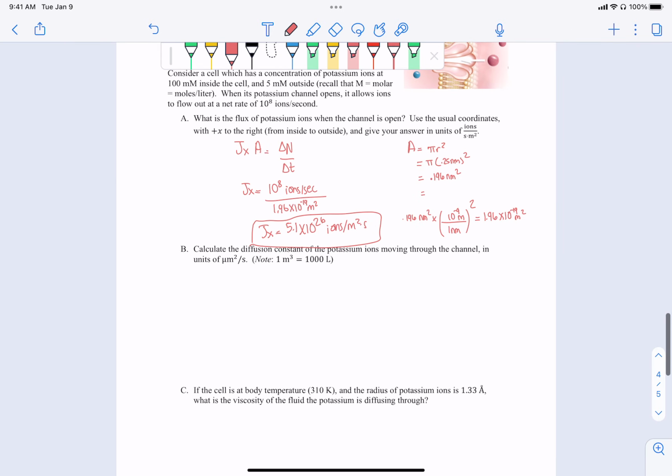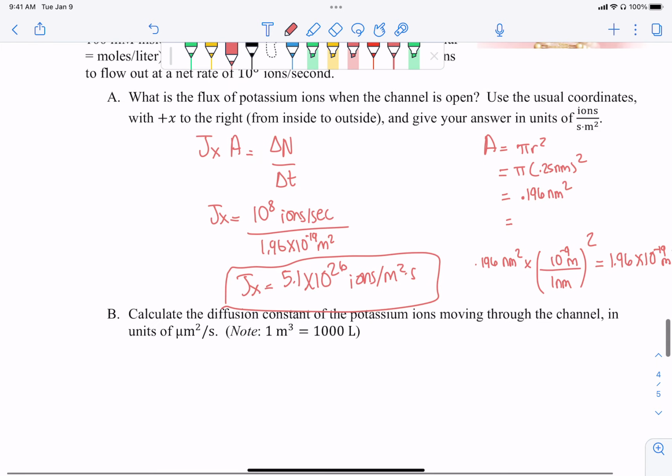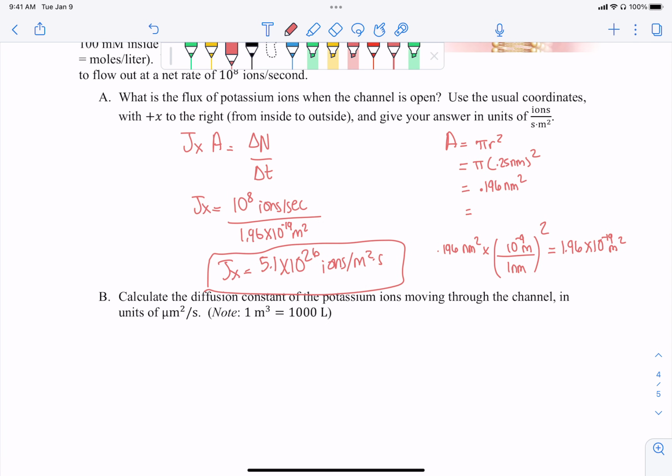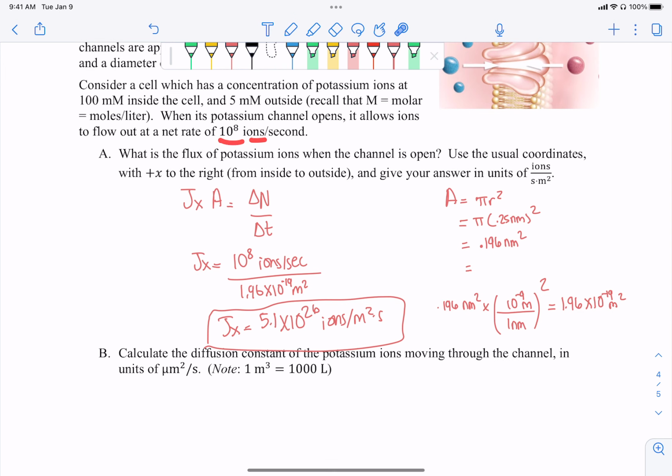Yeah, go ahead. So the delta n over delta t is just this whole value here, 10 to the 8th ions per second, because your delta n is your molecules or ions, and delta t is your time.